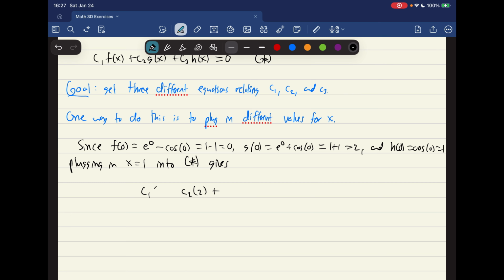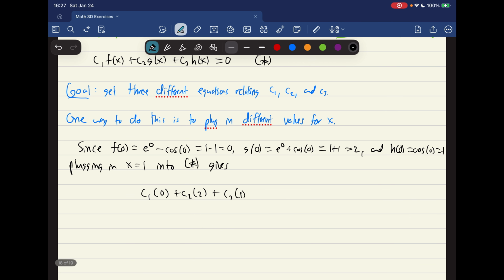And you know what? I'll add in the c1 part just for completeness. And then the c3 part is just going to be 1 when we plug in x equals 0. And this says the same thing as 2c2 plus c3 is equal to 0. Nice.